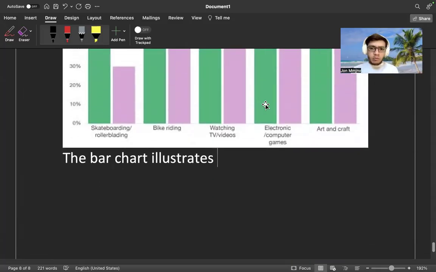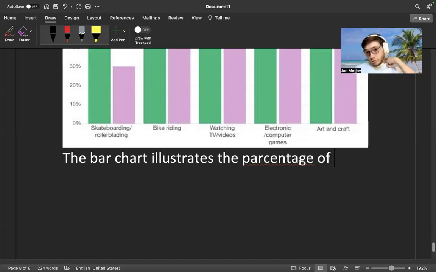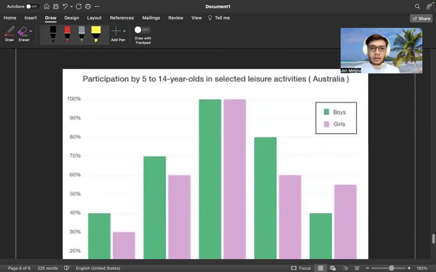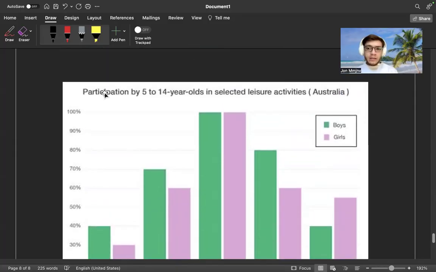We write them throughout our report. So the percentage of 5 to 14-year-olds. Then I can say who participated or taking part.